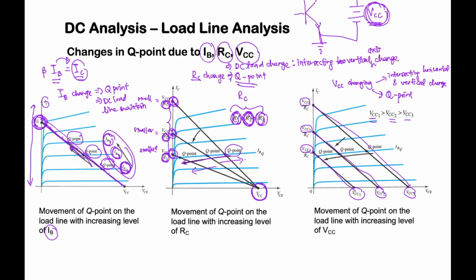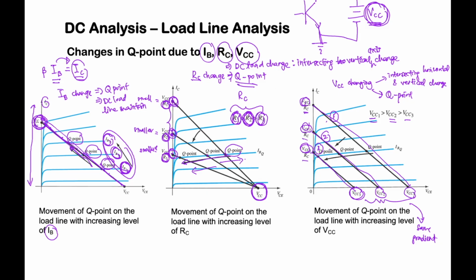However, all these three DC load lines, first, second, and third, will have a similarity. What is the similarity? They will have the same gradient, because the VCC here is the same and the RC here is constant.